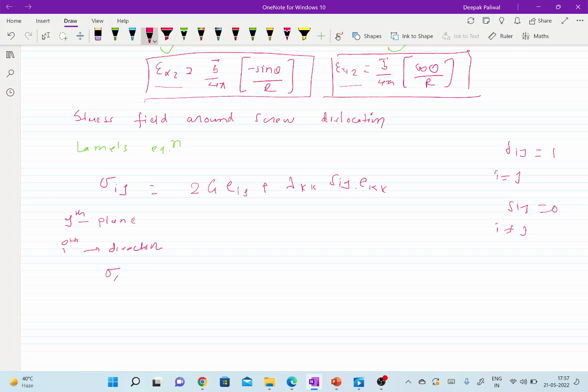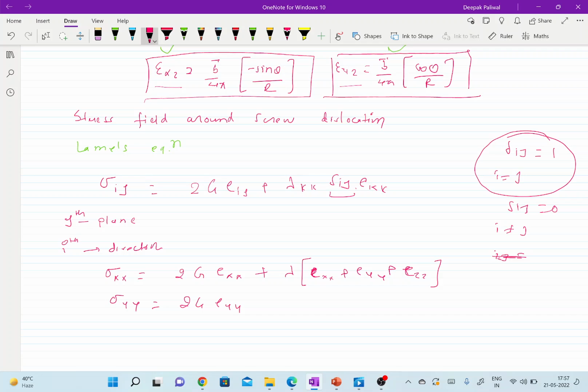Suppose we have to write sigma xx. How can I write it? 2g exx plus lambda, Lame's constant. Since i equals j, delta ij equals 1, so it will be the summation exx plus eyy plus ezz. Again for yy, I can write 2g eyy plus lambda times exx plus eyy plus ezz.